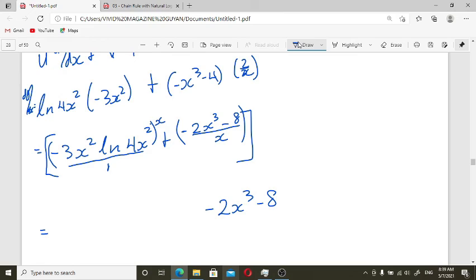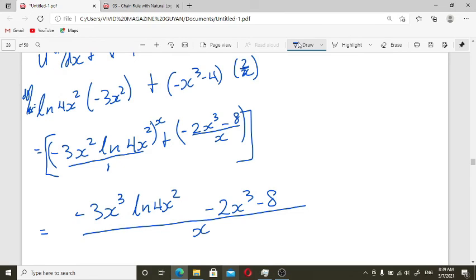Now, this multiplication is only going to be applicable to minus 3x squared. ln 4x squared is untouchable. So this is going to be minus 3x cubed ln 4x squared, which is all being divided by x. And you're finished.